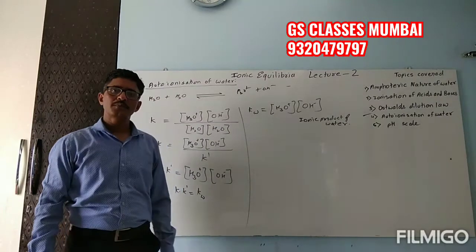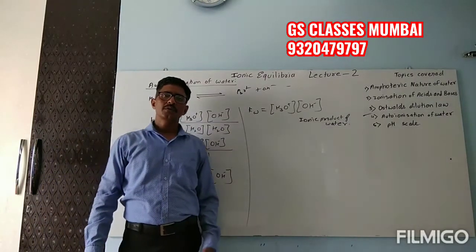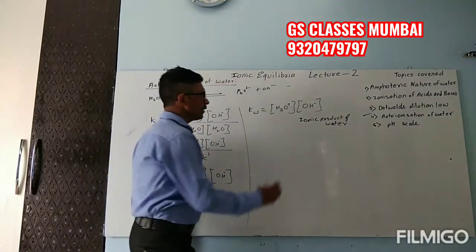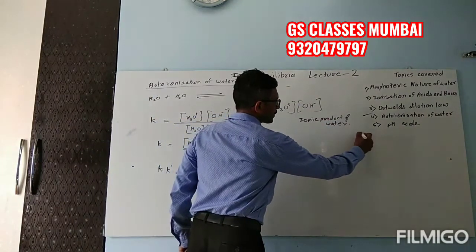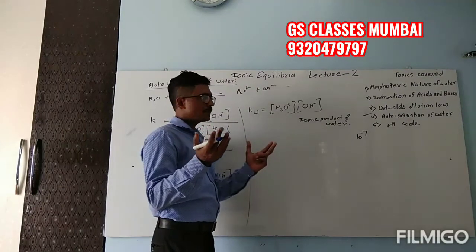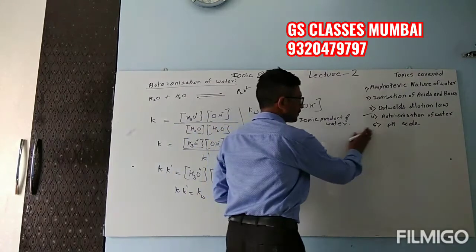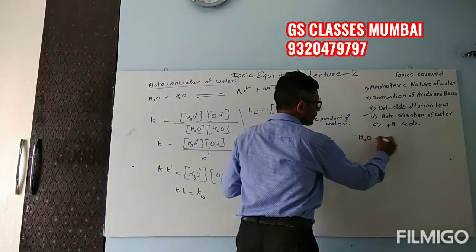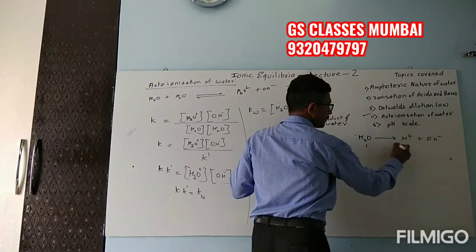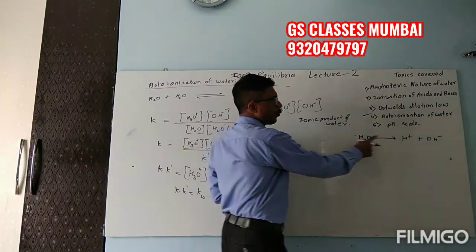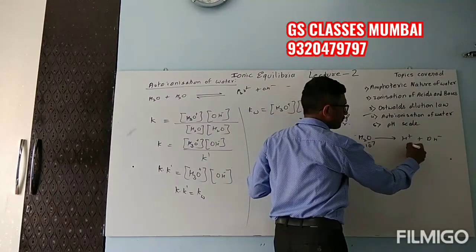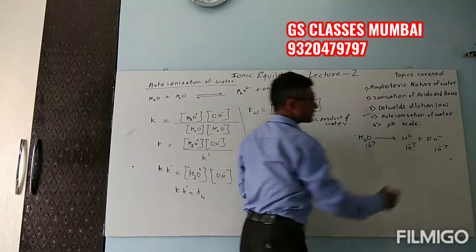As I told you, at room temperature, 10 to the power minus 7 molecules will split. It means that if one water molecule is splitting, it is going to form one H plus ion. If 10 to the power minus 7 are splitting, they will form 10 to the power minus 7 ions.